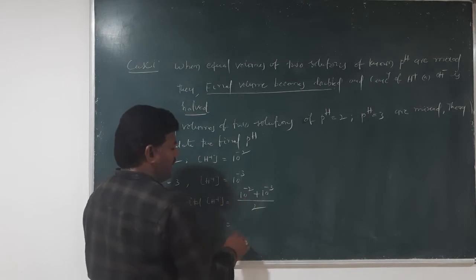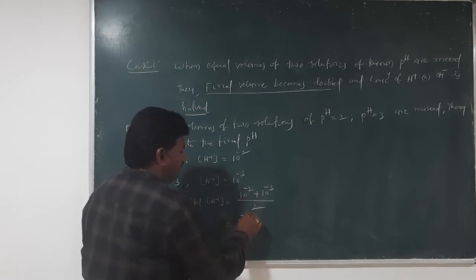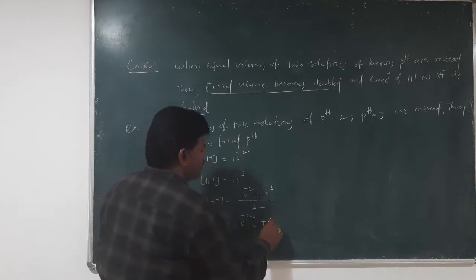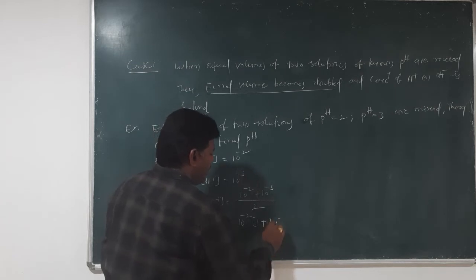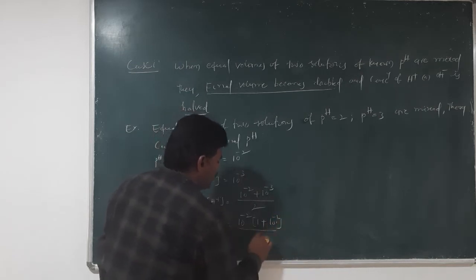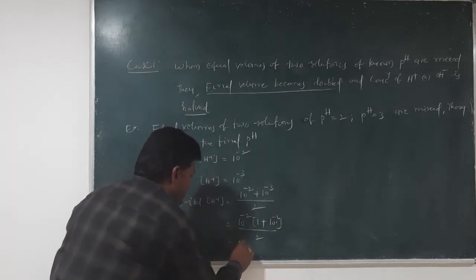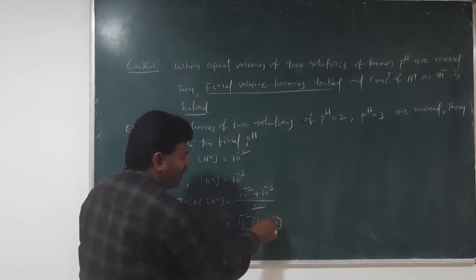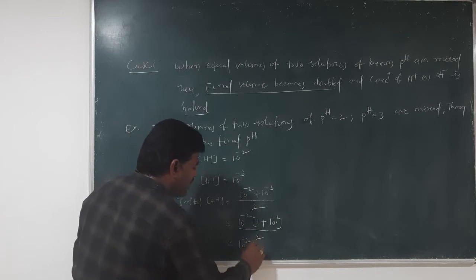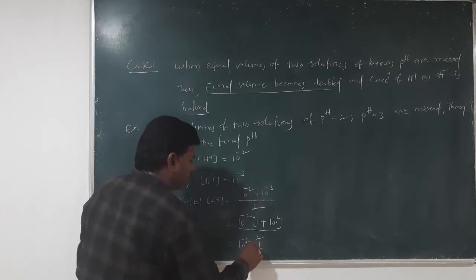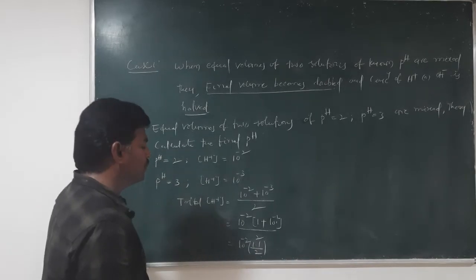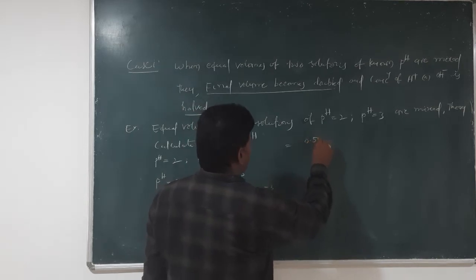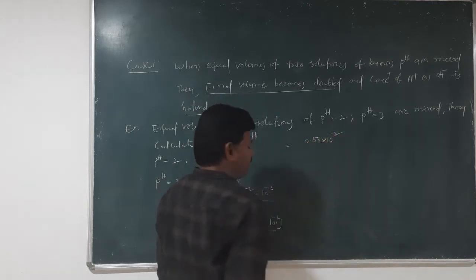Taking 10 power minus 2 common, we get 10 power minus 2 into (1 plus 0.1) by 2. 10 power minus 1 means 0.1, and 0.1 plus 1 is 1.1, so 1.1 by 2, which is 0.55 into 10 power minus 2.